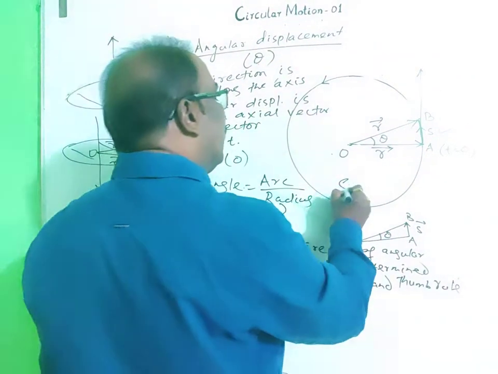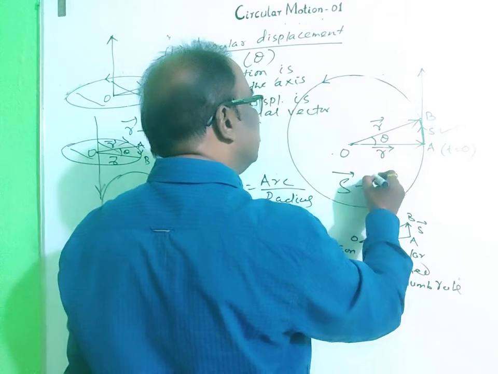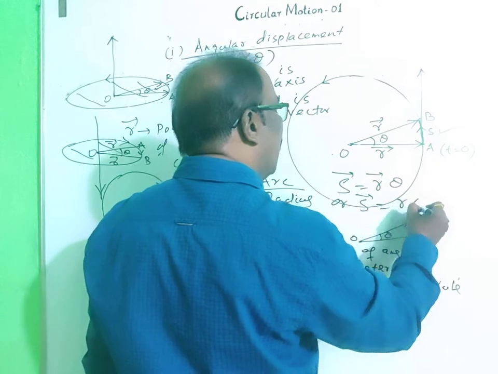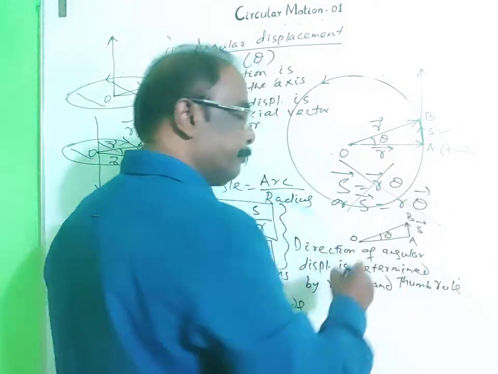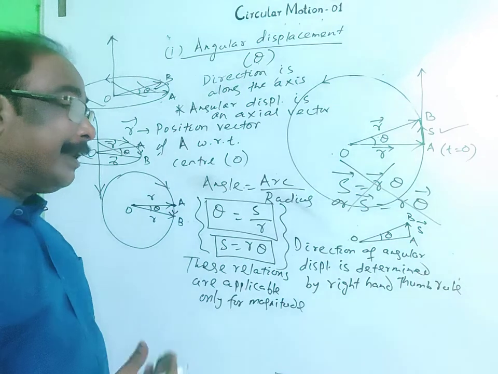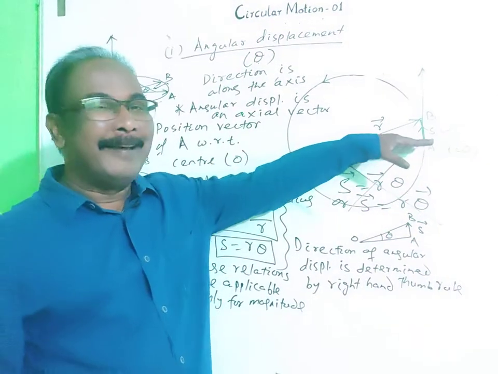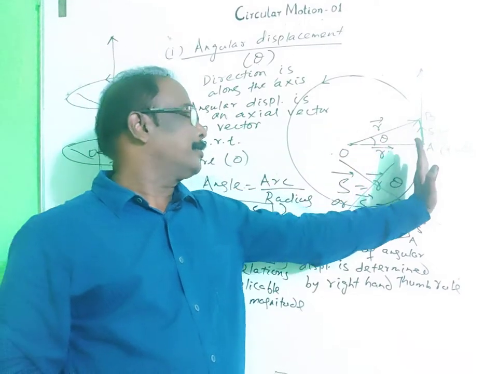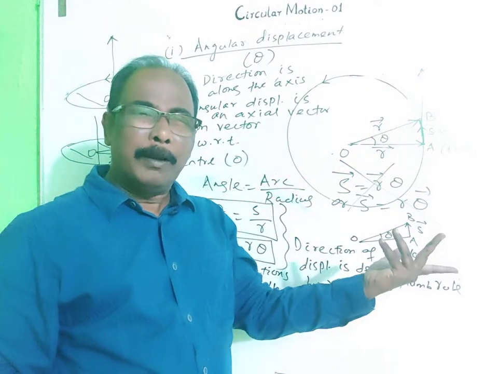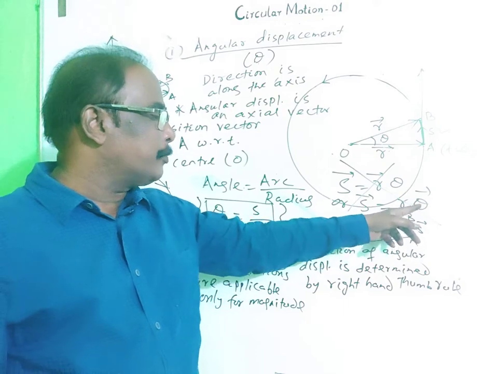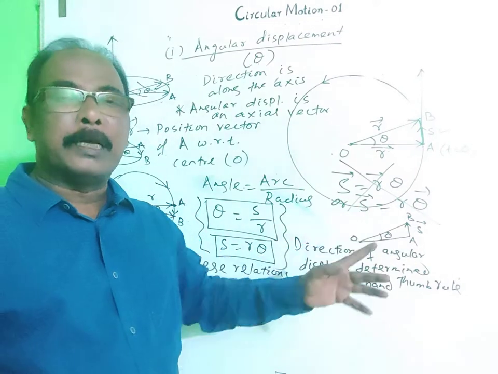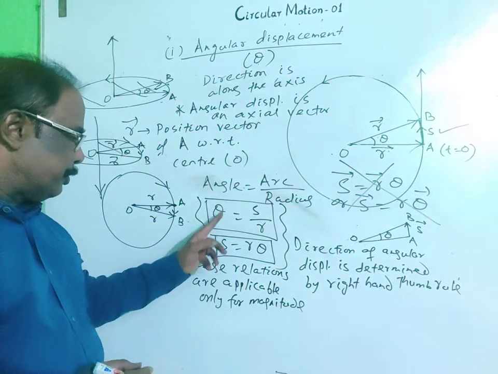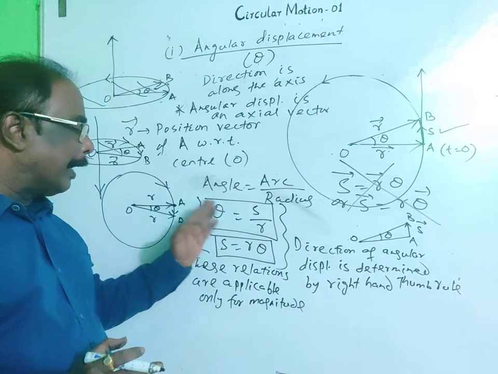We can't write S vector equals R vector theta, or S vector equals R into theta vector. This is wrong. The direction of the position vector and the direction of linear displacement are perpendicular. Again, the direction of angular displacement and the direction of linear displacement are perpendicular. So we can't write this. These relations are only applicable for magnitude.